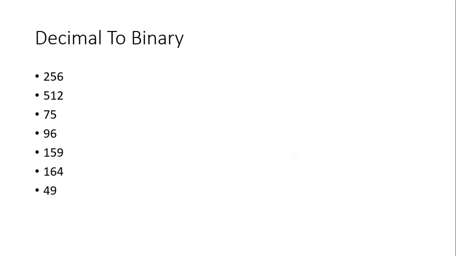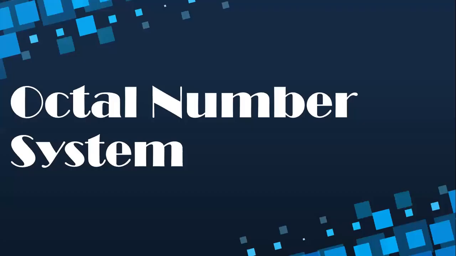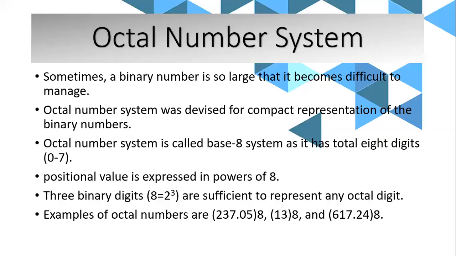Okay? Okay, we have a few minutes, so let me introduce you to the octal number system. Sometimes a binary number is so large that it becomes difficult to manage it. So the octal number system was devised for compact representation of binary numbers.